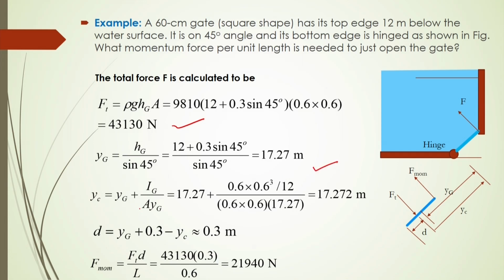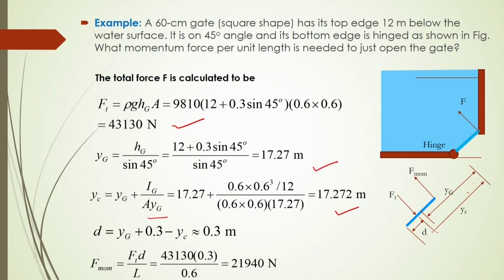What is the y c? Y c is a function of y g: y c equals y g plus I g by A y g. So, it will come to 17.272. Then d is the gap between this y c and the total length.